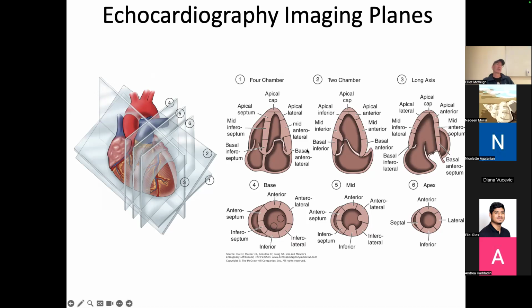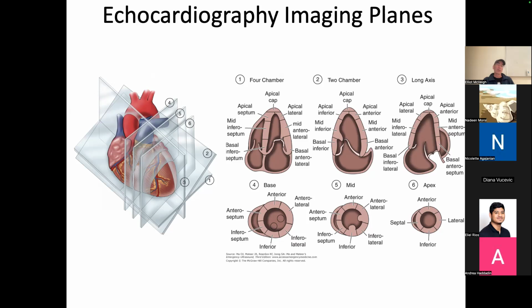And those are going to be short axis views. And that's down here. They look like donuts. So they're also shown here as 4, 5, and 6. There's the apical, the mid, and the basal short axis. And those donuts are used to evaluate left ventricular function all the way around the left ventricle.